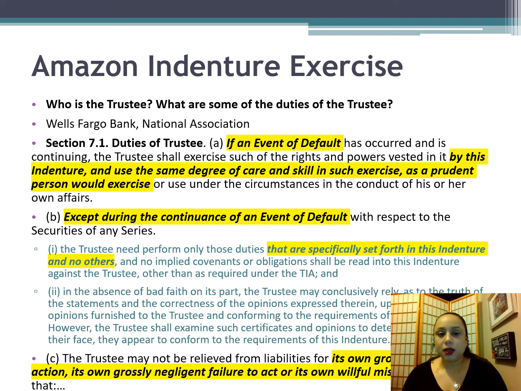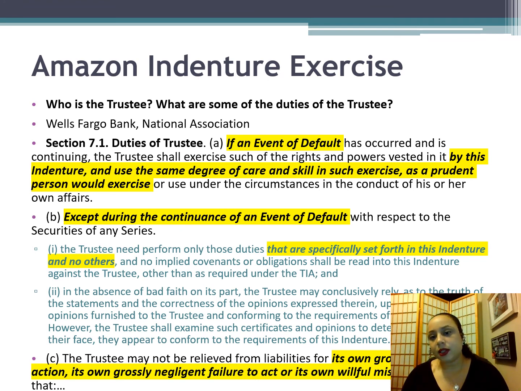So A, if an event of default has occurred and is continuing, okay, remember this is a line that we draw in the sand in examining the contours of the fiduciary duties that trustees owe to its bondholders.